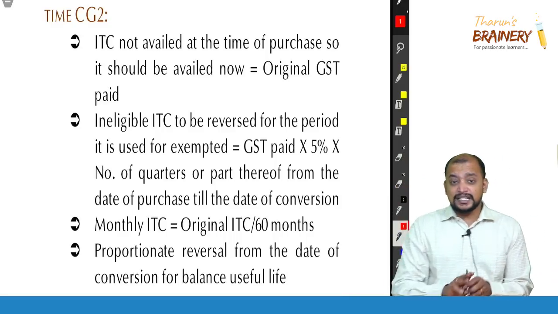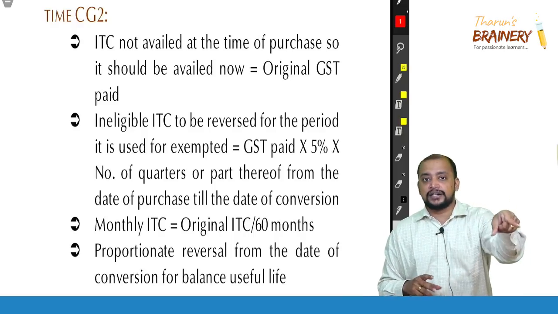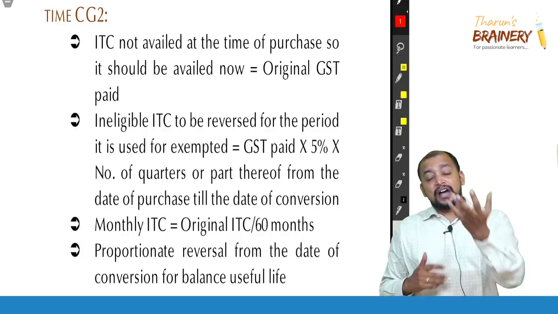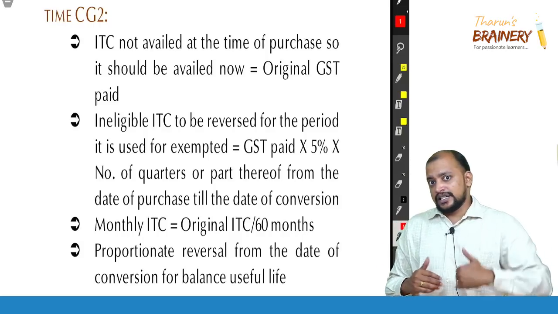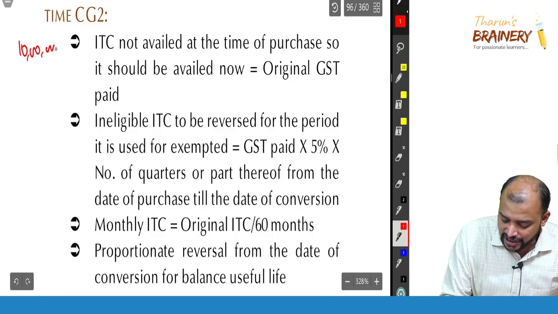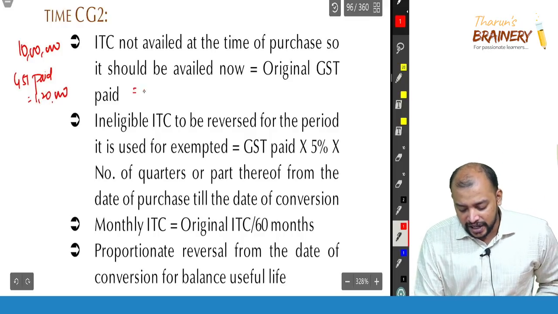So what should be taken as the ineligible ITC? This ineligible ITC is like a bulk reversal. For example, 2 years I am using it for exempted. Now for 2 years, first of all I should not take the credit, but I have taken the credit. Now I am recognizing it. For example, you take 10 lakhs and GST paid is 1,20,000. Now what will you do?